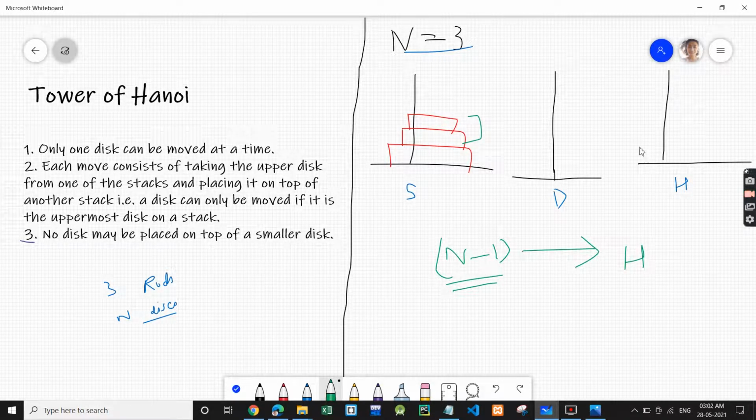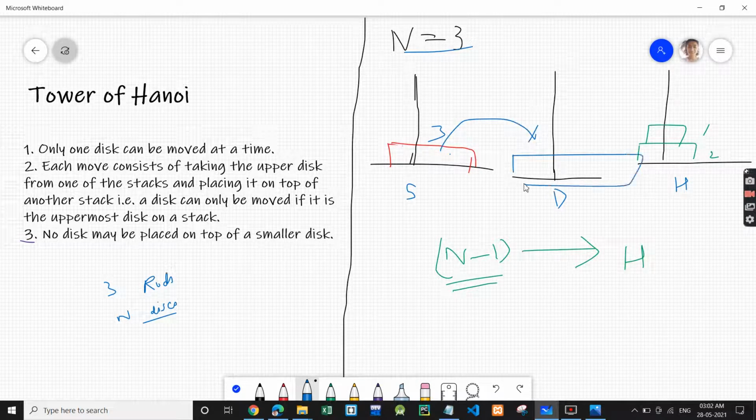Say we have these two, this is 1 and this is 2, over here on the helper, and only the third one is left over here on the source. Then, if we have 1 and 2 on the helper, we can simply move this third one to the destination.